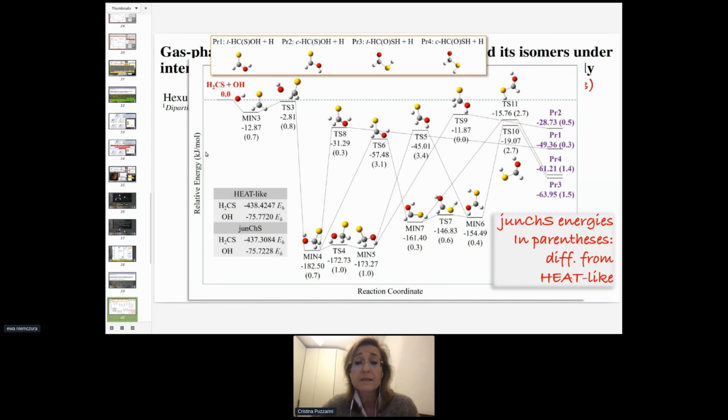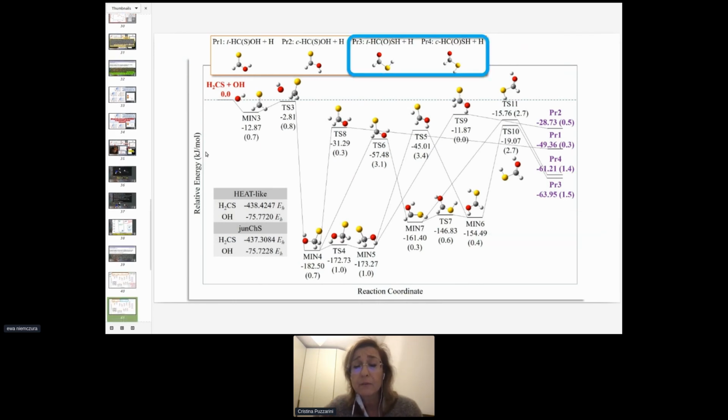The reaction between formaldehyde and the OH radical was the only one that fulfilled the three conditions I mentioned before. And this indeed is able to explain the formation of the product we are interested in.